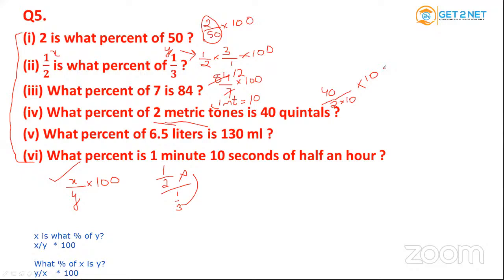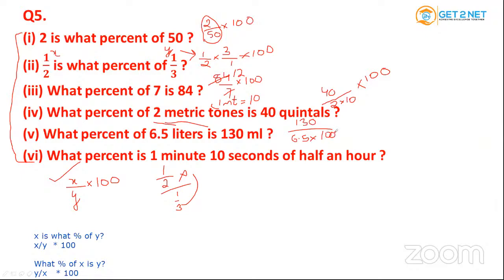Next, what percentage of 6.5 liters is 130 ml? Now you need to convert 6.5 liters into ml. 1 liter is equal to 1000. So 6.5 liters is equal to how much ml? 6.5 into 1000. Can I write like this?